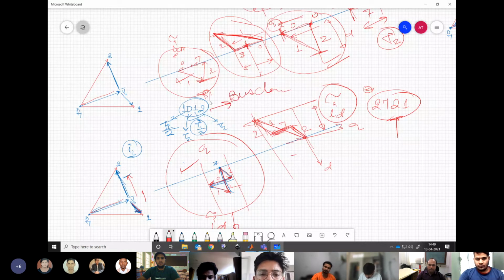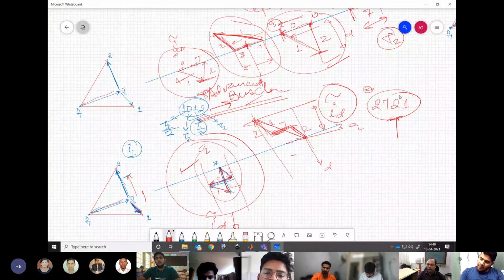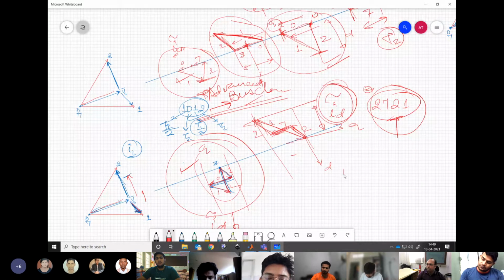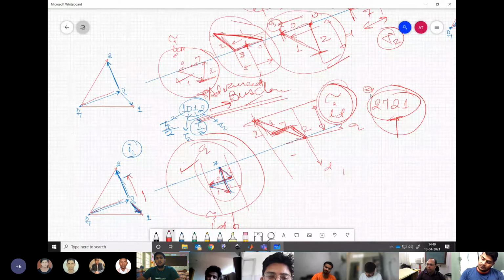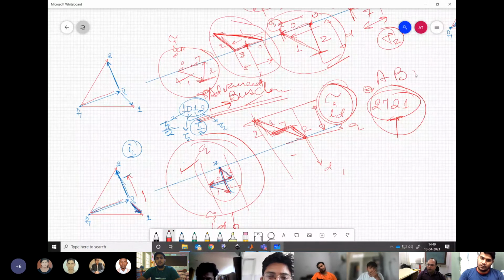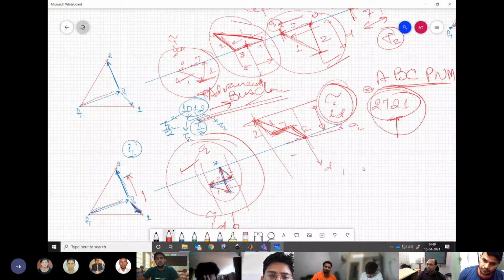So that's why these are called advanced bus clamping. These are giving double advantage. One is your bus clamping and second is your reduction in the current ripple. Similarly, we have another bus clamping which can reduce the d-axis current ripple. Understanding my point? So this double advantage wherever we get, those we call advanced bus clamping PWM.